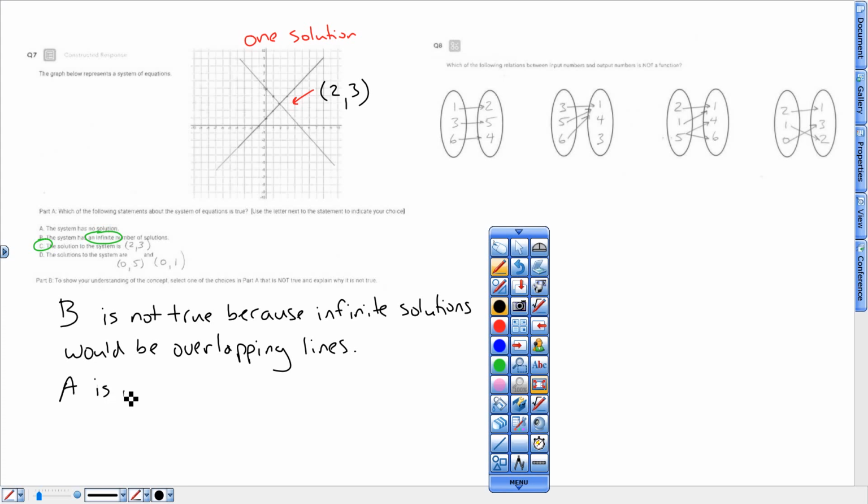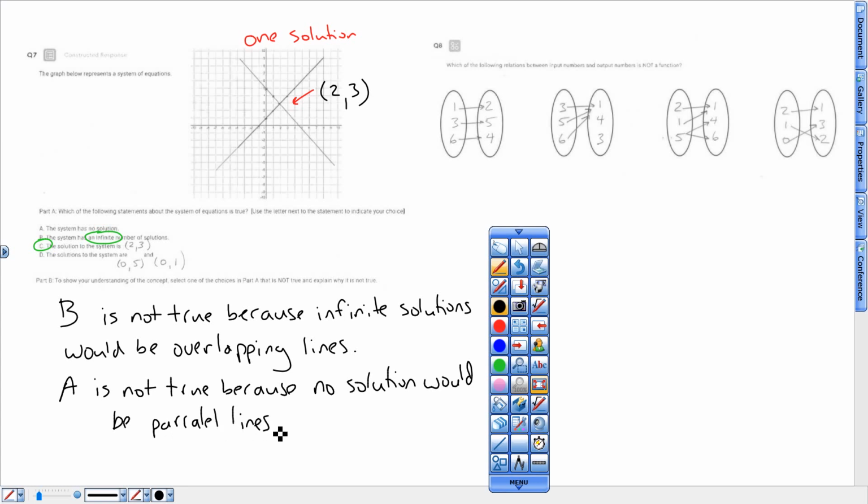A is not true because no solution would be parallel lines. So anything like that. You could talk about how the last one, D, is not right because these are the y and x intercepts, if we want to talk about that, where the line is touching the x-axis or the y-axis.